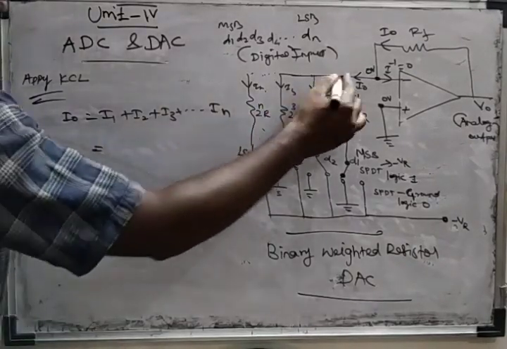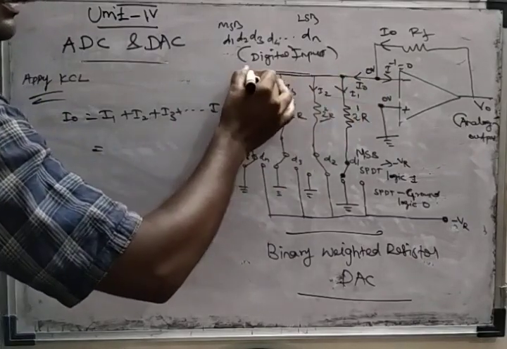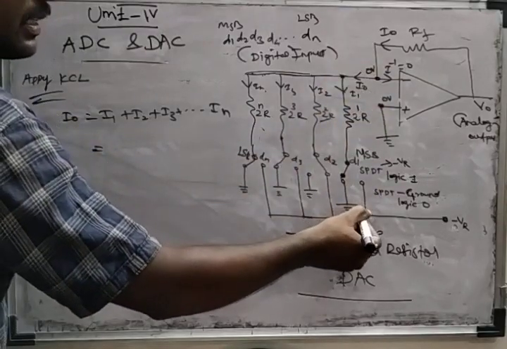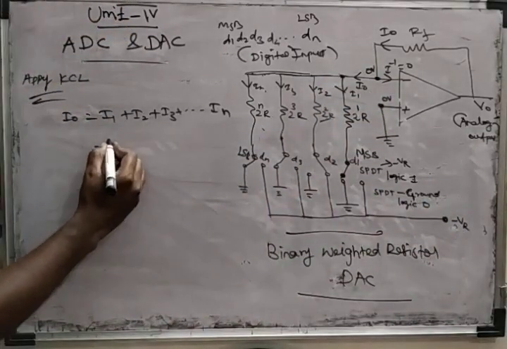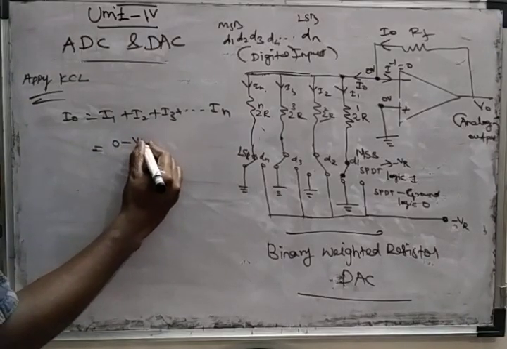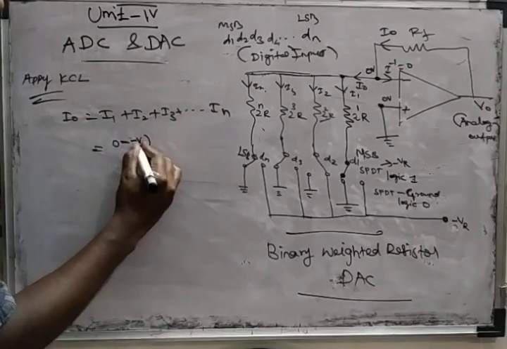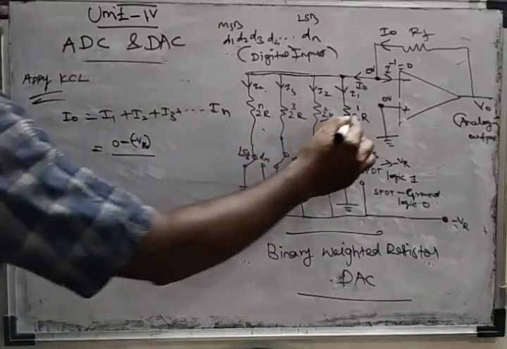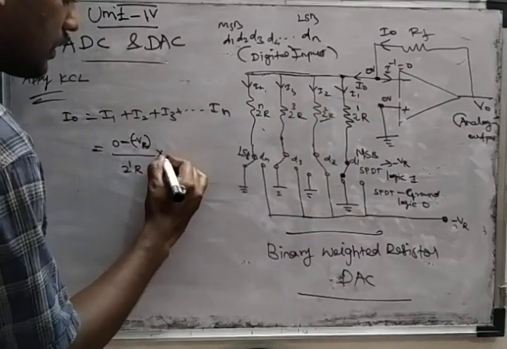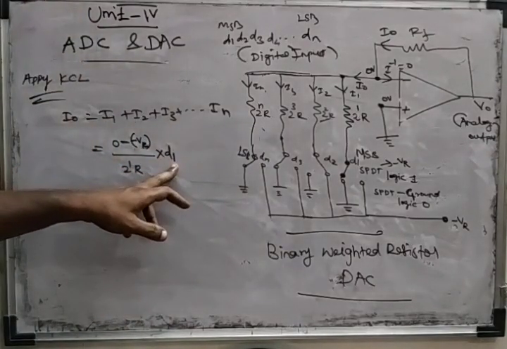Where I1 is equal to, here this node voltage is 0, so you get 0 minus minus VR, minus of minus VR gives plus VR divided by 2 power 1 into R, into D1. D1 may be either 0 or 1.